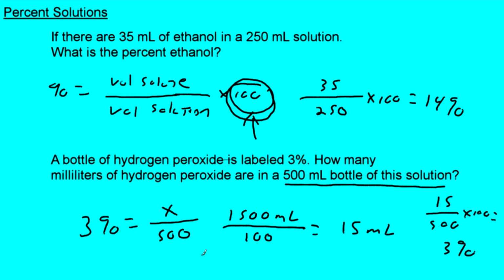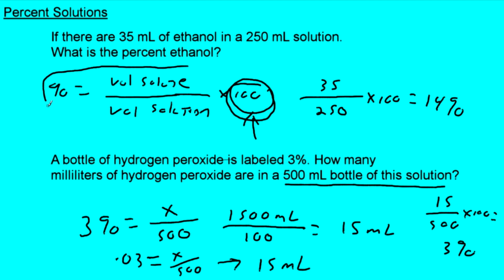Okay, if you wanted to, instead of putting 3% here, you could divide the 3 by 100 over here and do it in decimal, equals x over 500, and then you're going to get 15 milliliters. Either way, but just remember, because of this 100 here that we're dealing with, be careful when you're doing this calculation. This is really your main formula that you're dealing with.